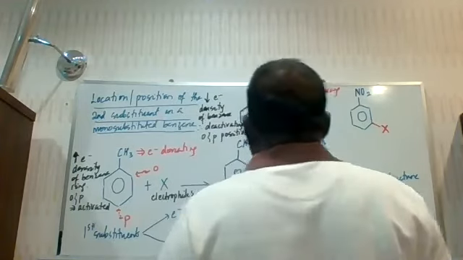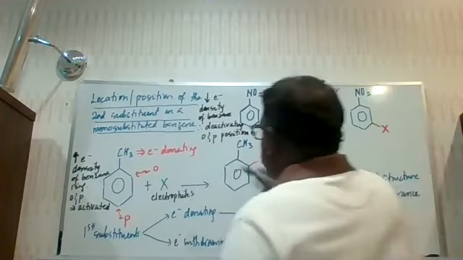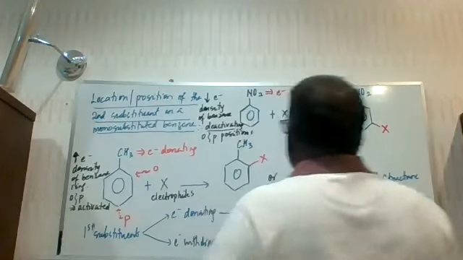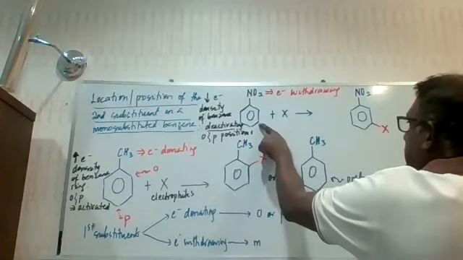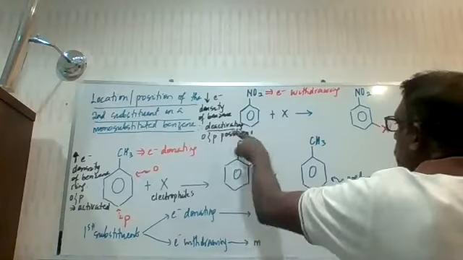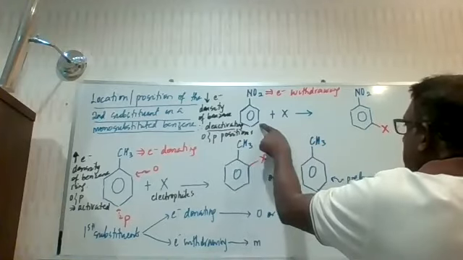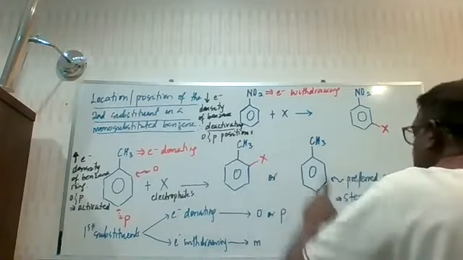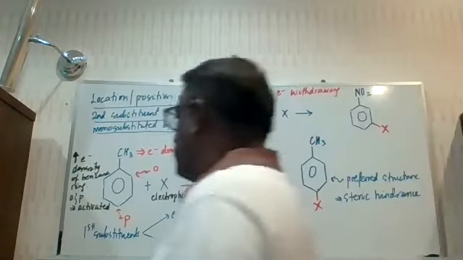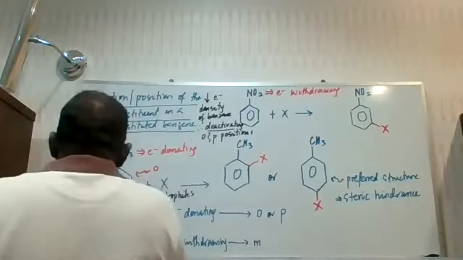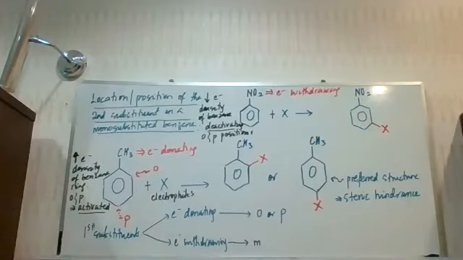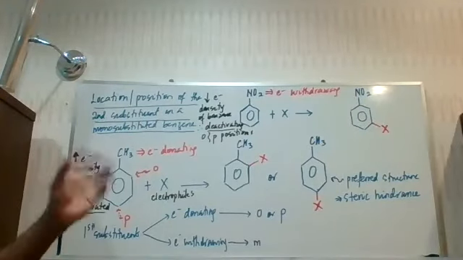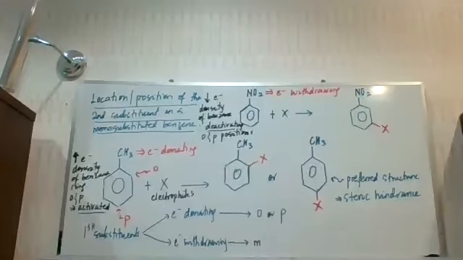So when the ortho and para positions are deactivated, the only position left is meta. Deactivated means they don't go after that. So the only position is meta, therefore X goes after the meta. Or, technically, you can say the meta is activated. That's a simple explanation behind why this happens.